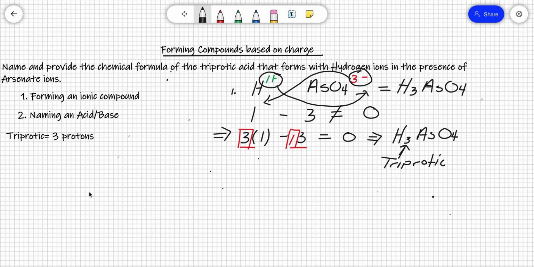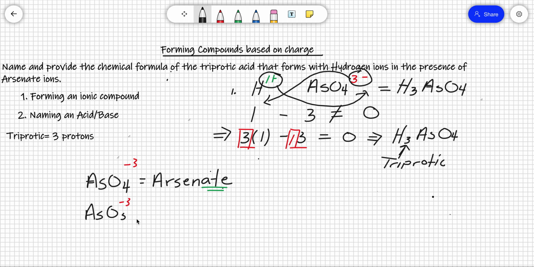Now, to name it, there are two polyatomic ions that deal with arsenic. The first one is arsenate. I want you to pay special attention to that. And the other one is called arsenite, which is AsO3. Both of these carry a -3 charge, so that doesn't change.